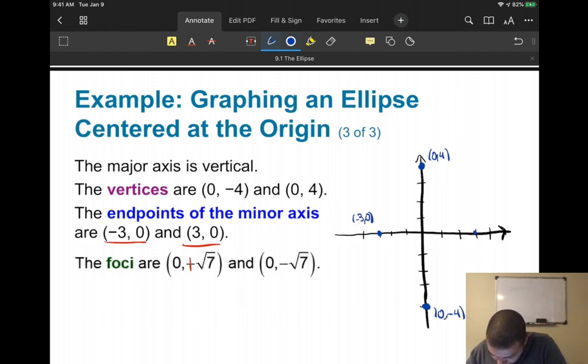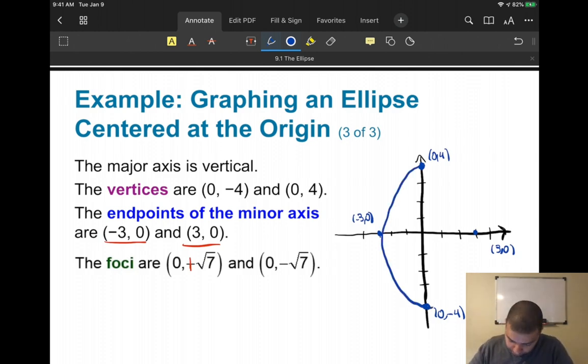And the 3, 0. So then I can draw the ellipse, right? Doesn't have to be perfect. The coordinates are what matter, and the shape of it.